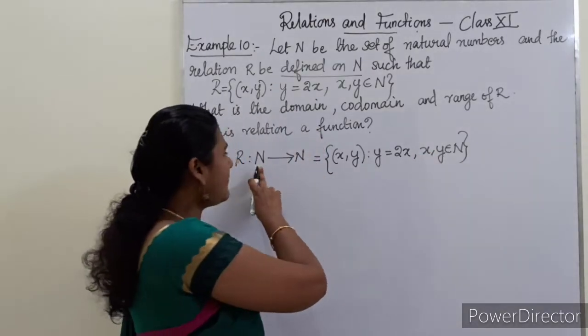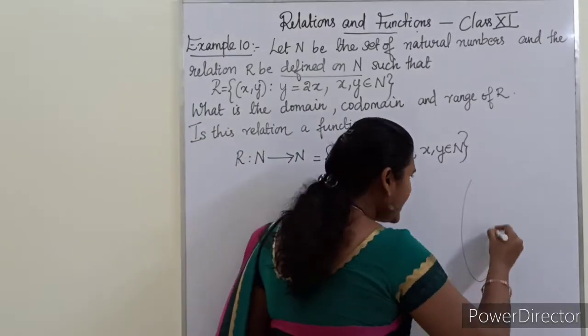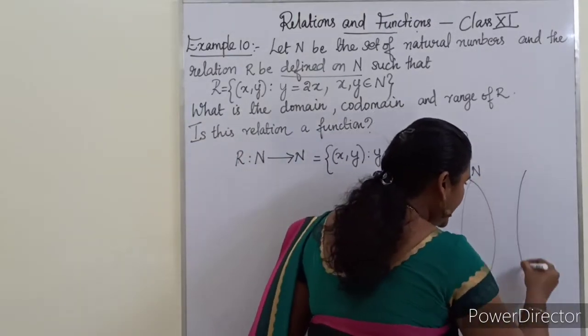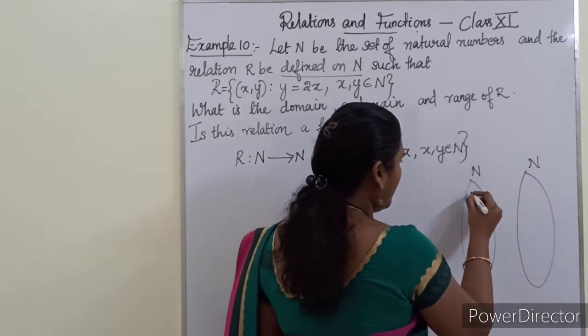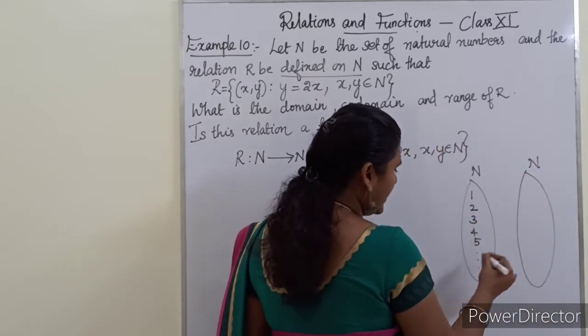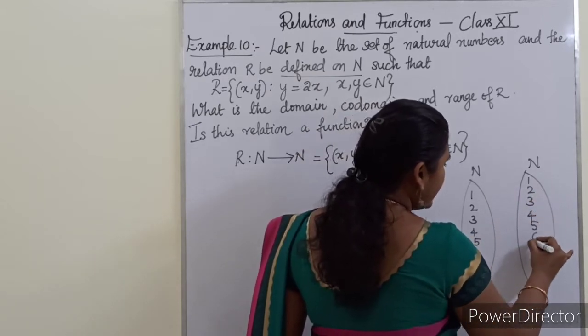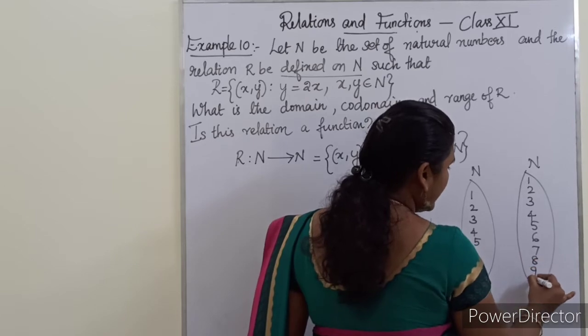The relation is defined from natural numbers to natural numbers. So here I am drawing the first set and the second set, both natural numbers. I am writing 1, 2, 3, 4, 5, etc. here, and here also 1, 2, 3, 4, 5, 6, 7, 8, 9, etc.